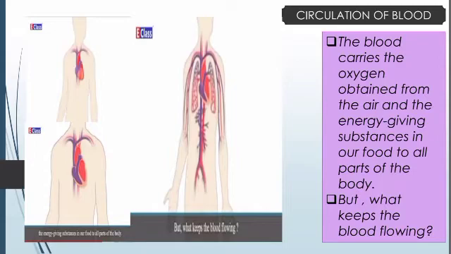The injury may be minor or major, depending. So we come to know that blood is present in different parts of the body, providing us energy. But do we know how this process takes place? What keeps the blood flowing in different parts of the body?